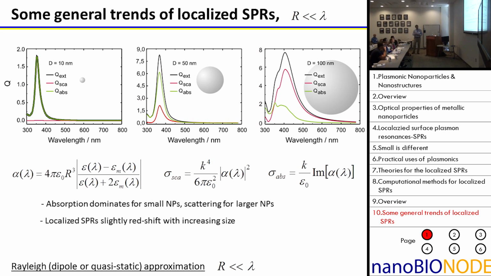However, as you increase size, going to 50 nanometer spheres, you would see that absorption still contributes significantly, but scattering becomes more important as well, right? Now, as you go even further to 100 nanometer particles, you see that now you have more scattering than absorption, right? And so this is, again, important. You can see that size matters.